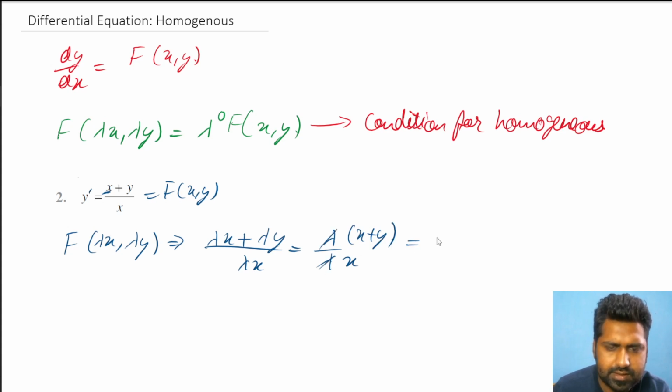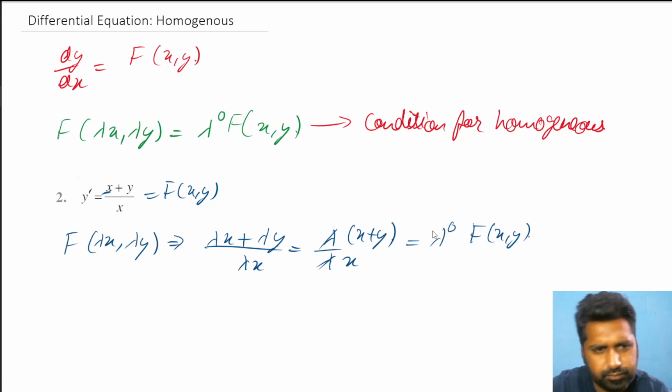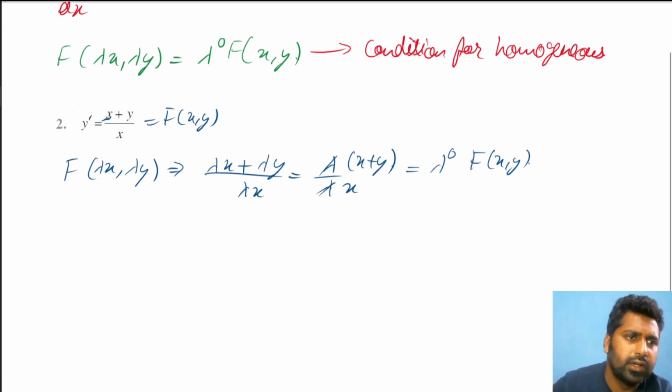Lambda lambda cancels, so effectively lambda raised to power 0 times the original function of x and y. Therefore we can say this is homogeneous. Now if this is homogeneous, how to solve it, that's the method we have to learn.